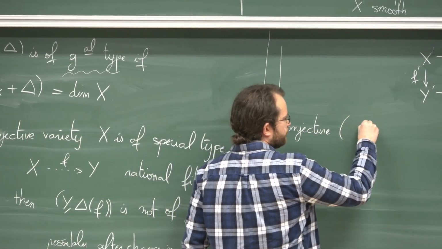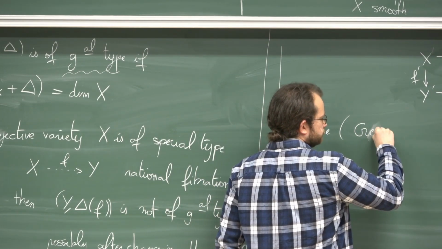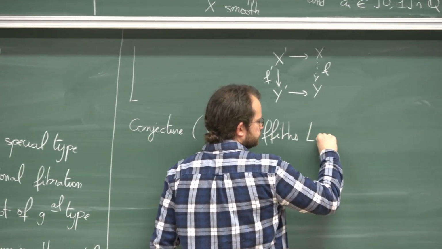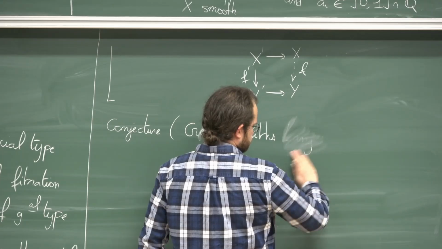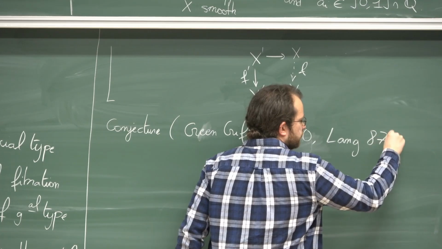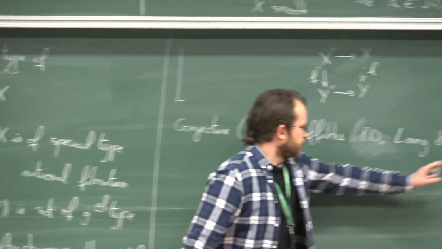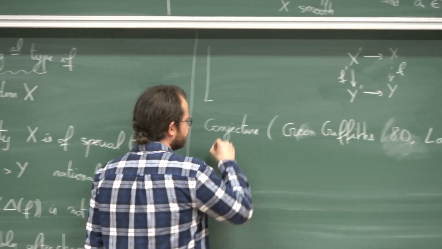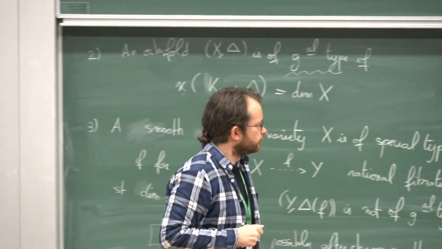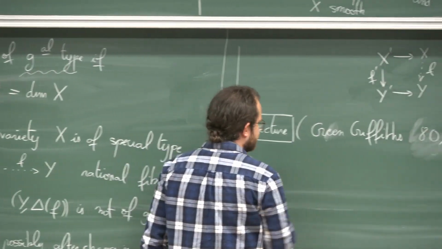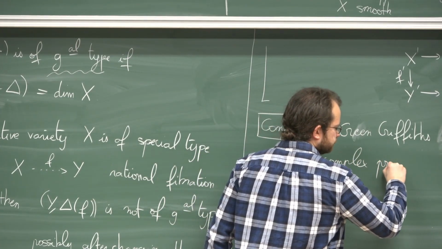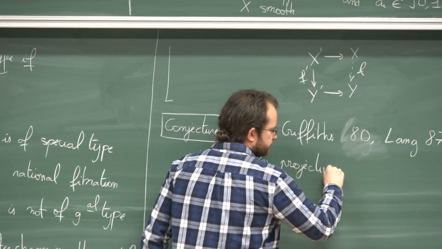So first of all, we have the Green-Griffiths-Lang conjecture. The version we use now was rephrased after work of Griffiths by Lang in 87, if I'm not mistaken. So what does this conjecture tell us? Take X a complex projective manifold.